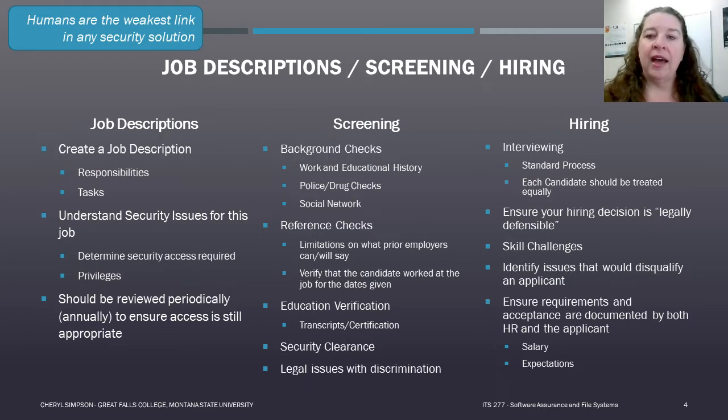Be aware that your hiring decision, your choice of who you're going to pick, must be legally defensible. You must not be in a situation where anybody can come back to you and say you hired someone discriminatorily, or for nepotism, or for whatever reason. Your hiring decision, you have to be able to legally defend that you chose this person because of these reasons.